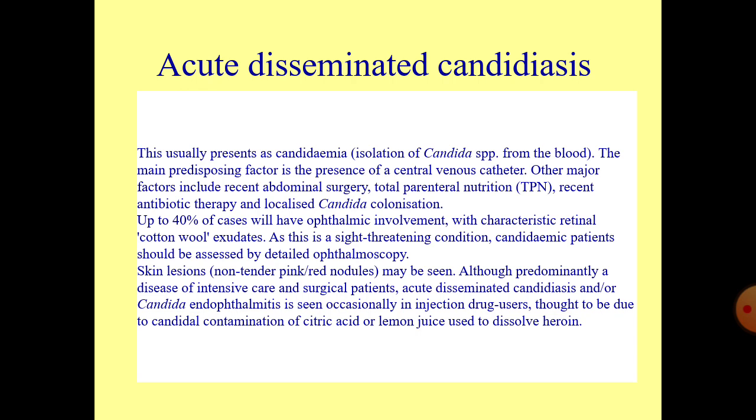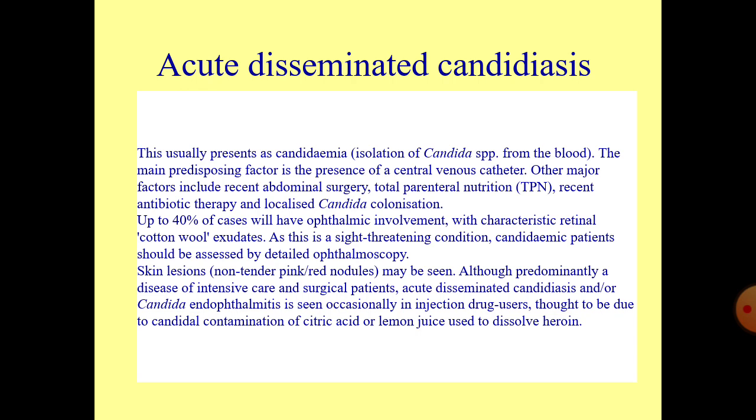In general, disseminated candidiasis can be divided into acute and chronic forms. The acute form mainly happens in those patients who have a predisposing factor like a central venous catheter, recent abdominal surgery, or total parenteral nutrition.